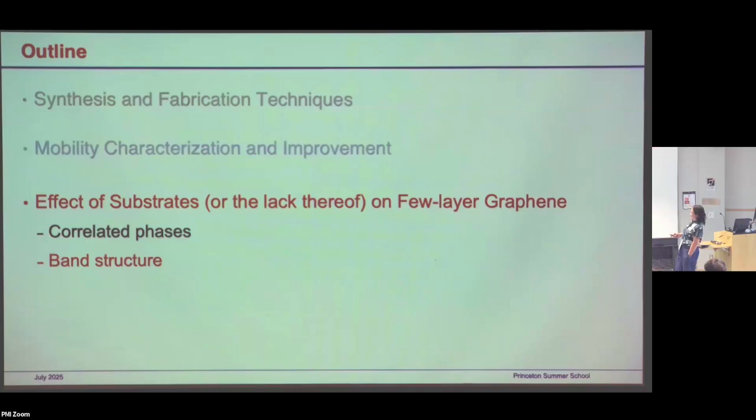Let me also tell you, going through relatively quickly, about the effect of the substrate on few-layer graphene. Having hexagonal boron nitride actually changes the band structure of few-layer graphene.